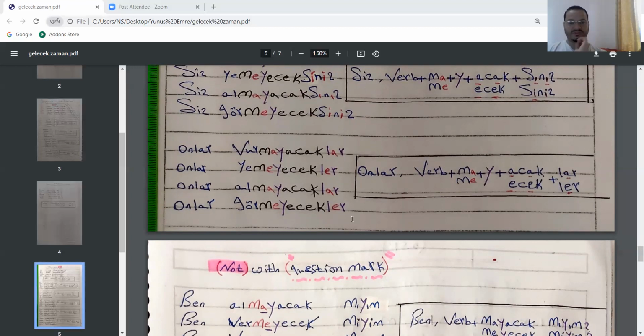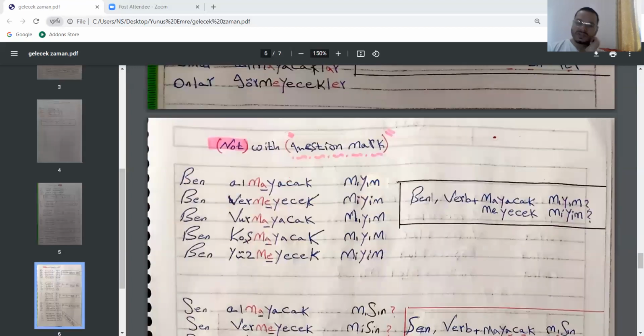Now let's talk about the last situation, how we can put negation and the question mark at the same time. Actually, verb, the base form, mayacak or meyecek, it's easier.